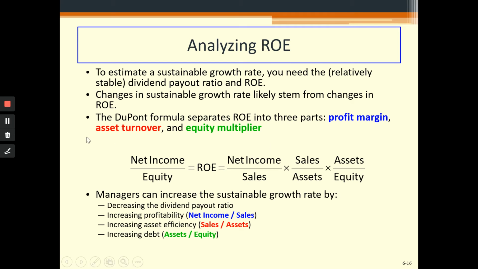Return on equity is actually the net income divided by the equity. So if you have net income divided by sales, multiplied by sales divided by assets, multiplied by assets divided by equity, you have effectively the same net income divided by the equity, because the sales in the numerator will cancel out with the sales in the denominator, likewise the assets.